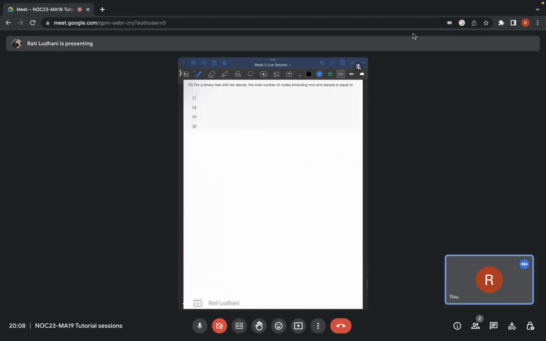For a binary tree with 10 leaves, you have actually seen this from the notes: total number of nodes. A binary tree is something where each node has either 2 children or 0.